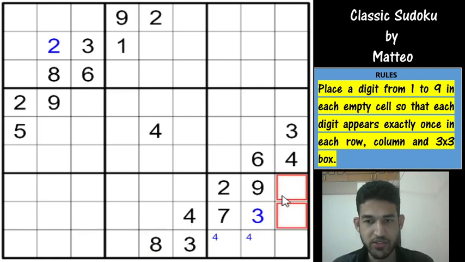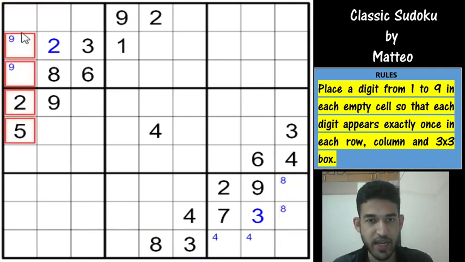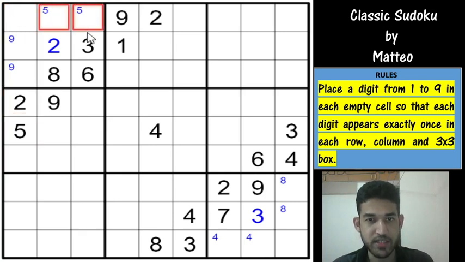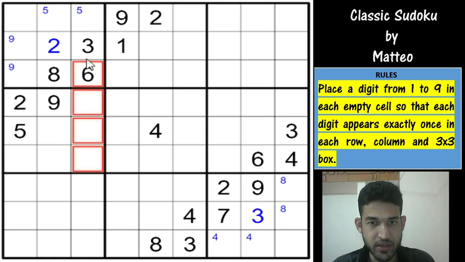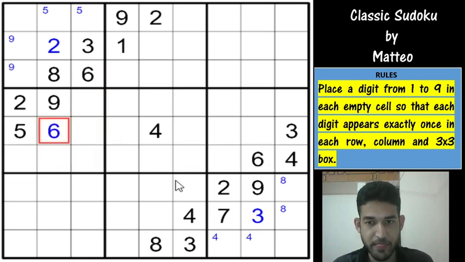So you have 8 here, which means that 8 must be in one of these cells and 9 must go in one of these cells, all standard classic. So 5 must be in one of these cells. And 6 is in column 3, 6 is in row 6, that gives us 6 here. And 2 is in column 7, 2 is in row 4, gives a 2 here.